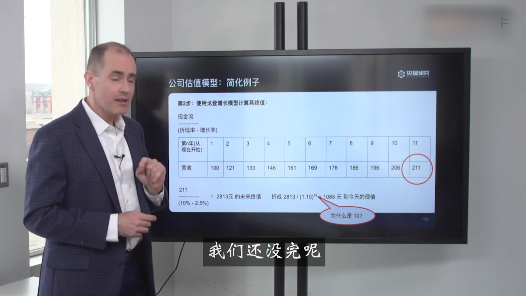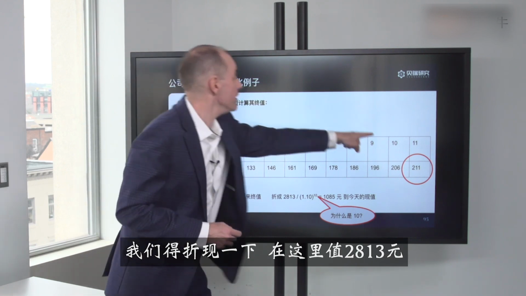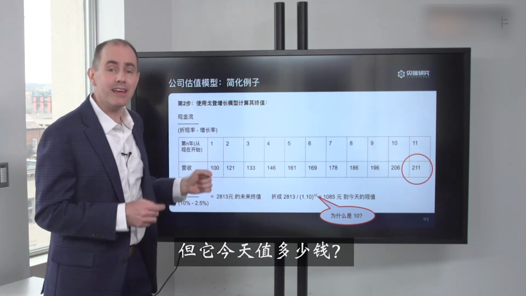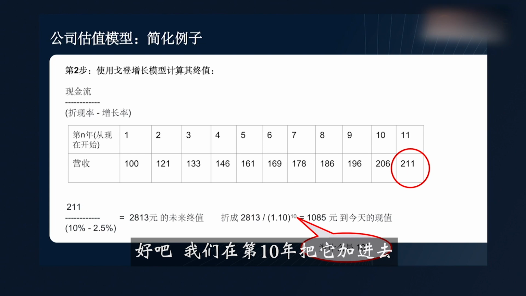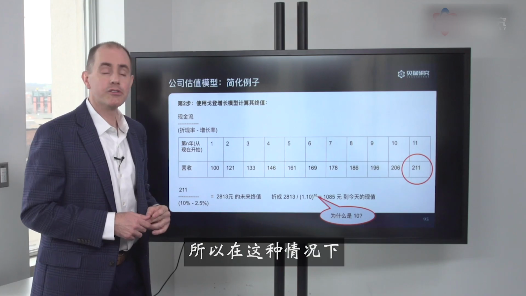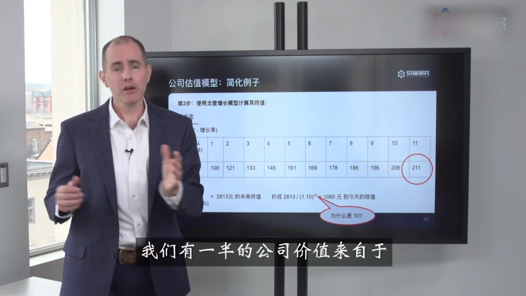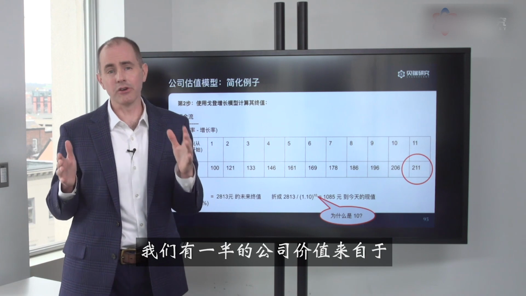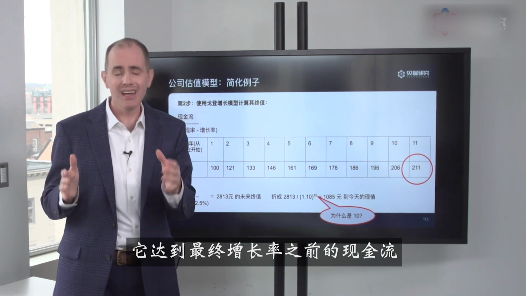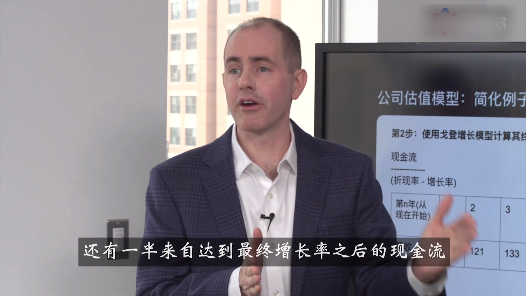We're not done yet. We have to discount that. That's worth 2,813 yuan here. But what's that worth in today's dollars? Well, we stick that in year 10 and find out that it's worth 1,085 RMB. So in this case, we've got about half of the company value coming from the cash flows before it reaches that terminal growth, and about half coming from terminal growth and thereafter.